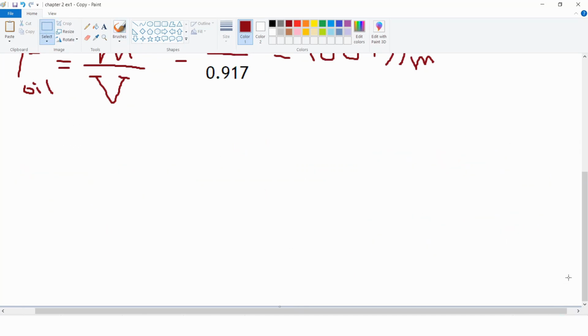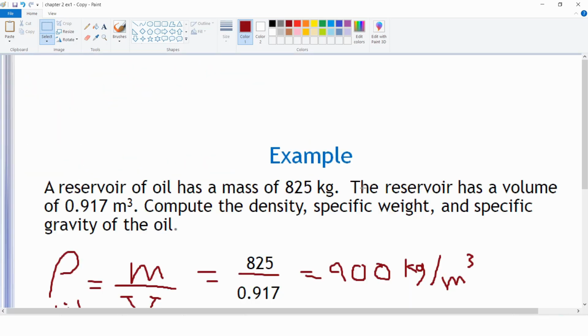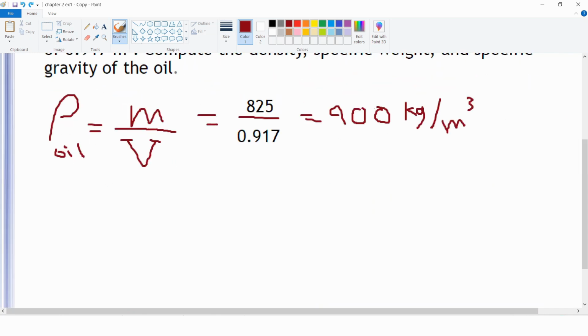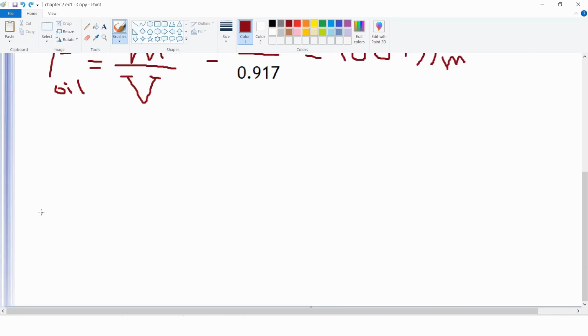What about the third part of the question? So it wants us to find the specific gravity. The specific gravity has actually another name. It's called relative density. So specific gravity is the relative density, which means the density of the oil we have is 900 relative to the density of the water. So let's calculate that.